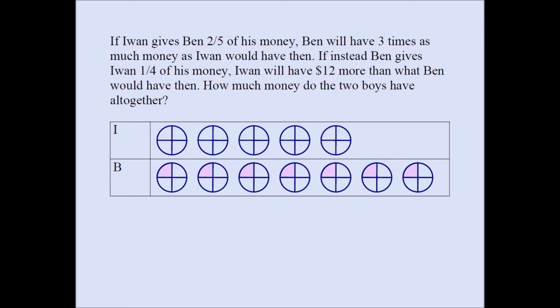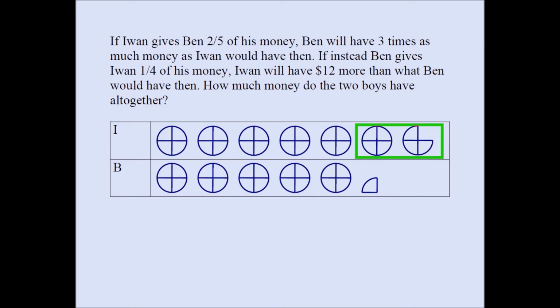Since we cannot find 1/4 of 7 very conveniently, we're going to divide each of the circles into 4 equal parts. Now, this picture tells us Ben must give Ivan 7 quarters of his money. So basically, Ben will transfer 7 of the quarters shown here in pink. These 7 quarters were here and they moved to Ivan.